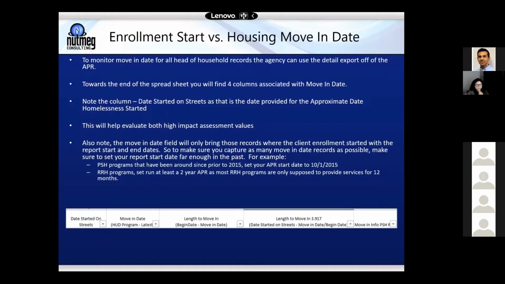But the key is just get into the habit of taking a look, especially for your grant year. So if your grant year is January 1 to 12/31, when you run that, take a look at your APR detail to make sure that everybody whose enrollment started in that grant year has a housing move-in date for the head of household record only.